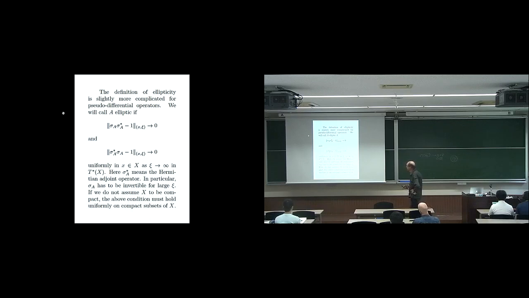So the symbols should satisfy certain properties to be eligible to be considered as symbols of differential operators. Apart from this, if you want to define elliptic operators, we need certain properties of the symbols. We don't require the symbols to be invertible for any x, psi, when psi is non-zero. We need only this property at infinity.